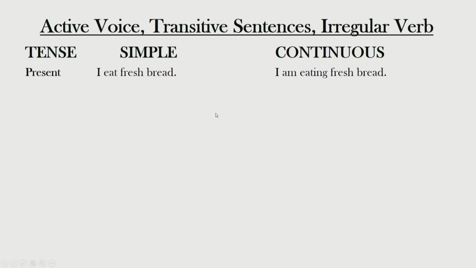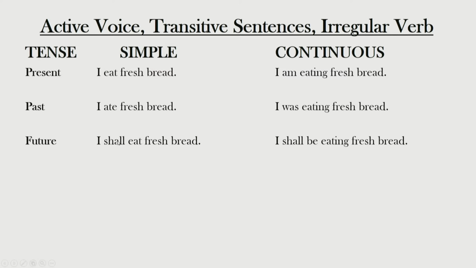Present tense, and again it's transitive, so you've got an object, which is fresh bread, whatever you want, but eat now becomes ate. All right? Shall eat. Please note the correct auxiliary verb in the future tense for the first person.